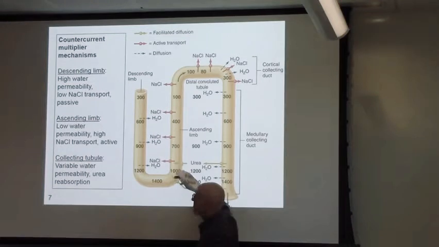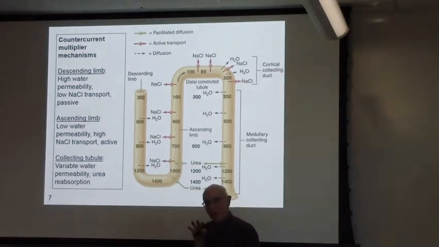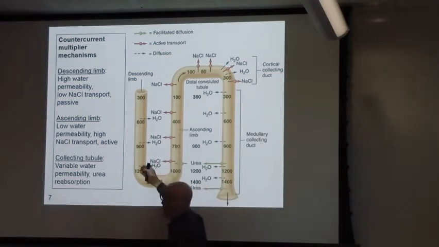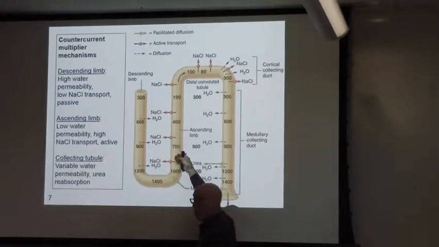We'll figure this out. As you can tell, I'm trying to make it simple, but it's complicated. So I'm walking you through it in a way that I hope will make sense by the end of the story. But it's complicated. I know that. High water permeability in the descending limb. Low water permeability in the ascending limb, and high sodium and chloride transport.